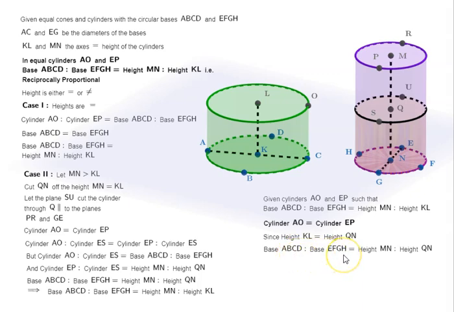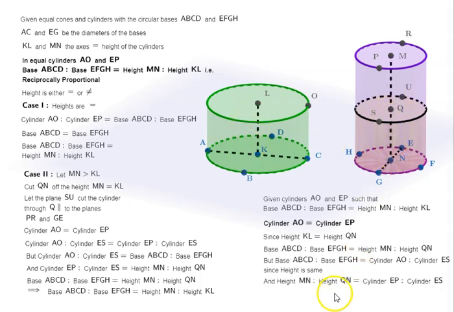Base ABCD is to base EFGH as height MN is to height QN, because QN is equal to KL. But base ABCD is to base EFGH as cylinder AO is to cylinder ES, because the heights are the same. Height MN is to height QN as cylinder EP is to cylinder ES.